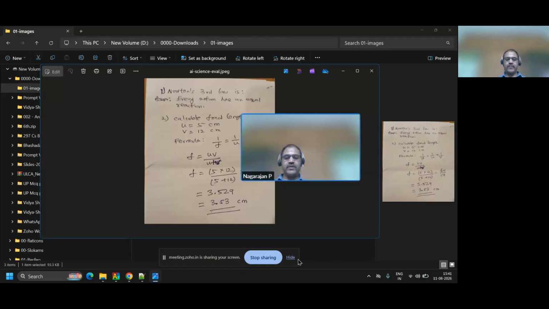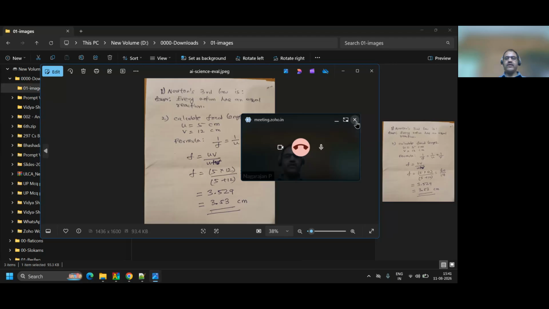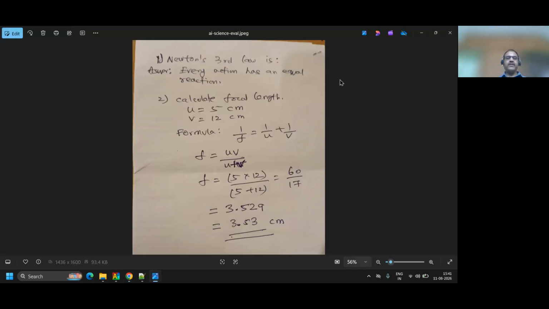See here, this is another paper. This is a science paper. This has text. Newton's third law is, colon, answer. Again, the student has made a spelling mistake: ASWER. Every action has an equal reaction.